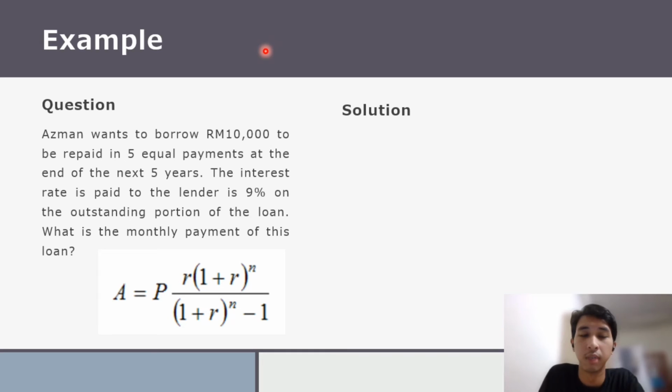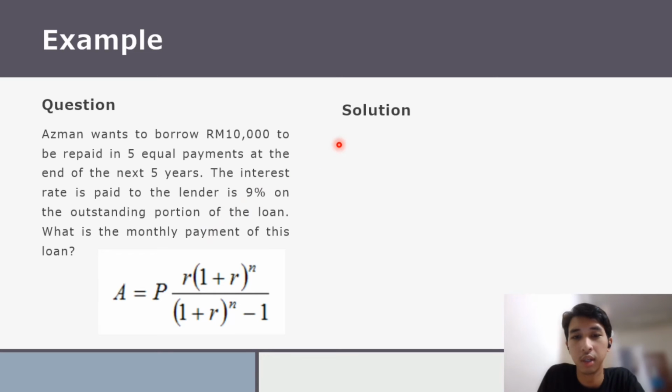Okay, for the example of an amortization question, Azman wants to borrow 10,000 ringgit to be repaid in 5 equal payments at the end of the next 5 years. The interest rate paid to the lender is 9% on the outstanding portion of the loan. So what is the monthly payment of this loan?